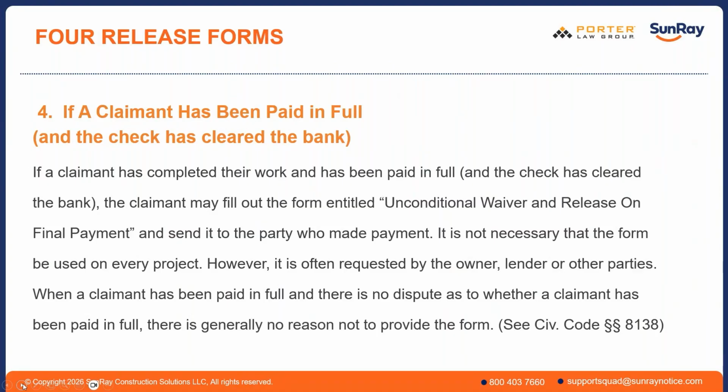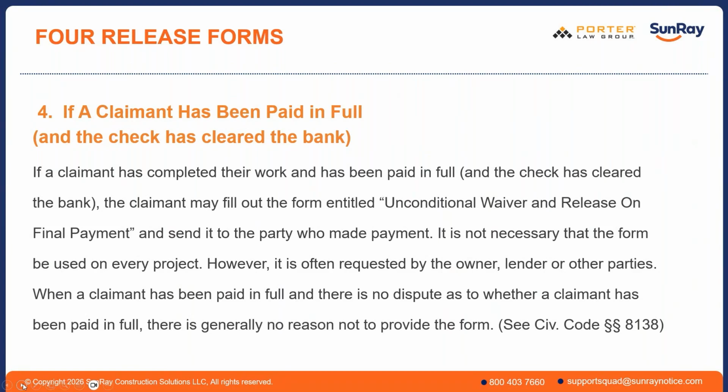Now, I will say this. Let me add at this juncture, and I'm not sure if it's on a later slide, I don't recall, but these 4 releases deal with rights you have to mechanics lien, stop payment notice, and payment bond claims. But let's say you mess up with this thing.